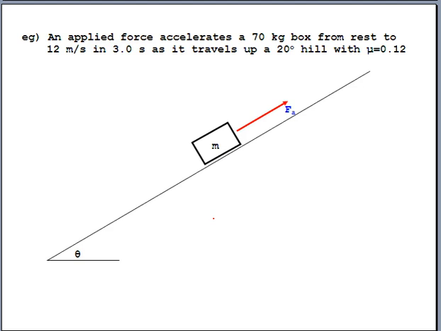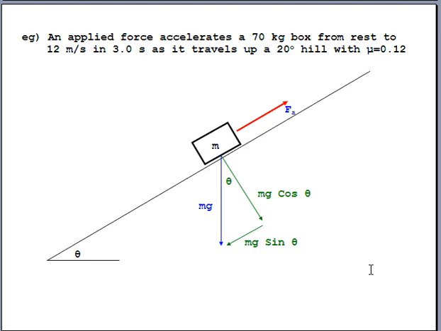So it's probably worth doing a nice little free body diagram here. Applied force will be up the hill. Now, what other forces have we got? Well, we've got gravity going down. Great. But that never works really well for playing around with ramps. So let's break this thing up into a couple of parts, into a crush and a slide. So we don't have to worry about the mg anymore.